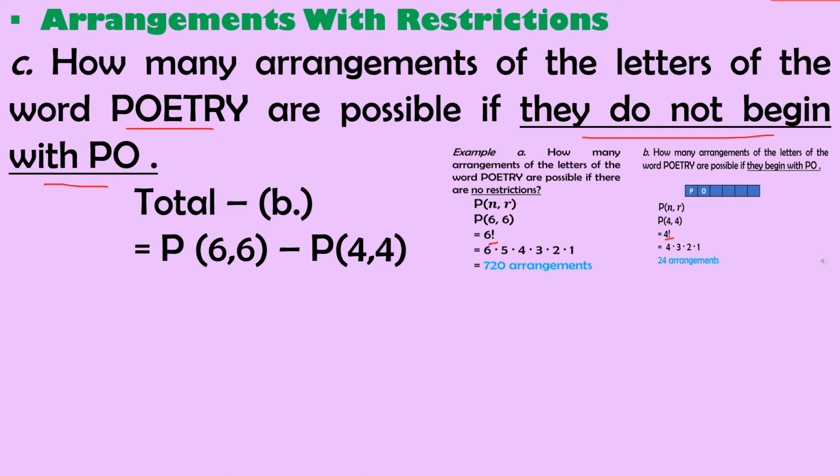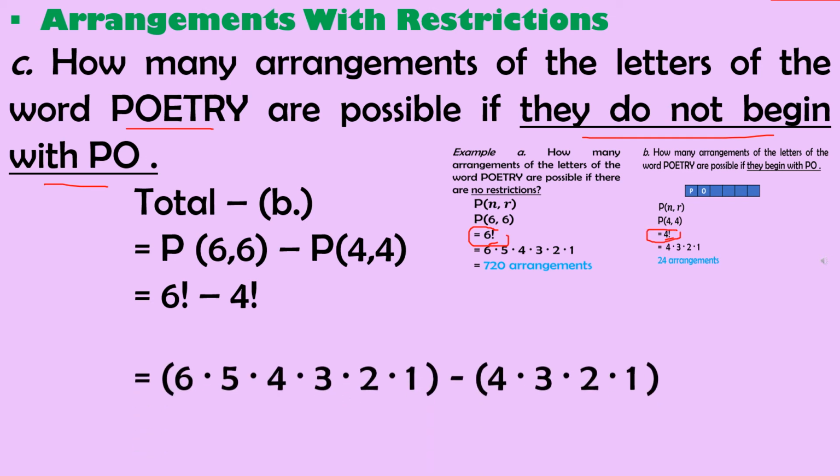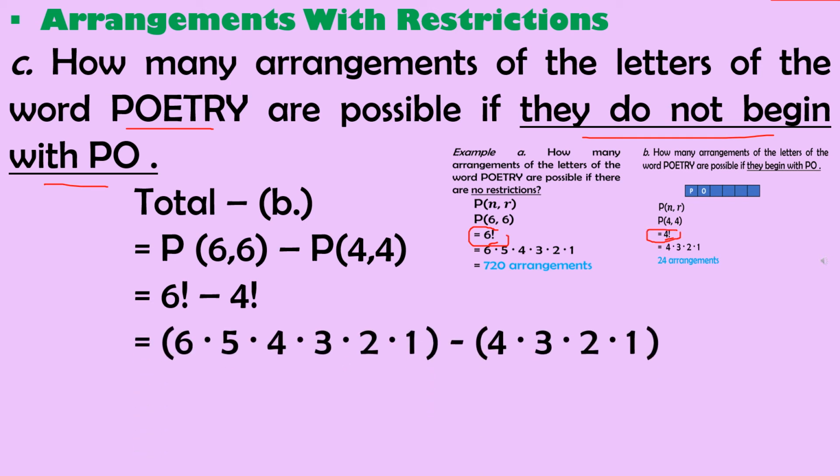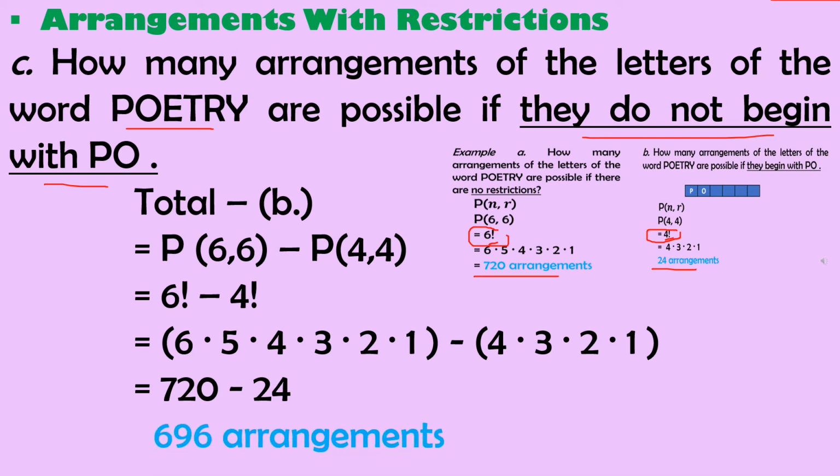So again, permutation of 6 and 6 minus permutation of 4 and 4. So this is equal to 6 factorial minus 4 factorial. So the answer is 720 minus 24. Correct. Very good. 696 arrangements.